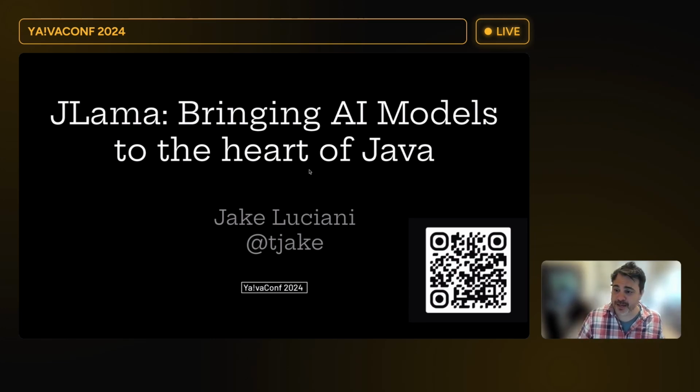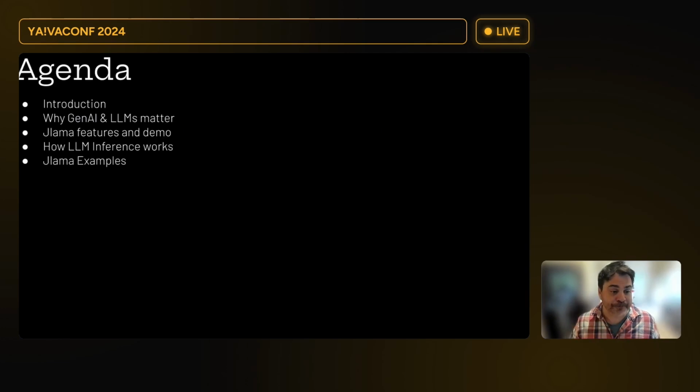Jlama is my personal project, and it's basically about my interest in transformers and large language models, and trying to understand how they work, and how to bring that new world into the Java ecosystem.